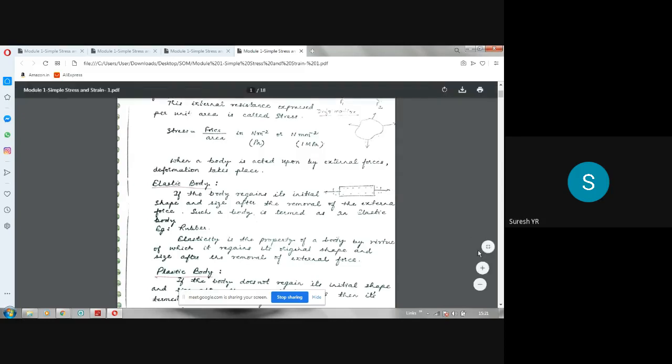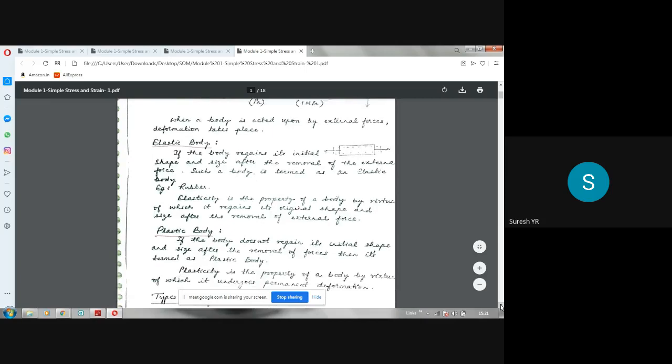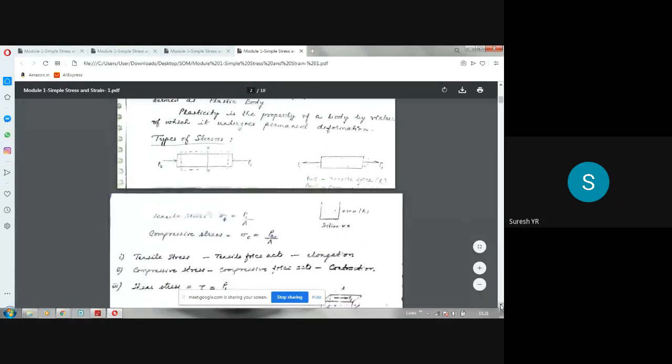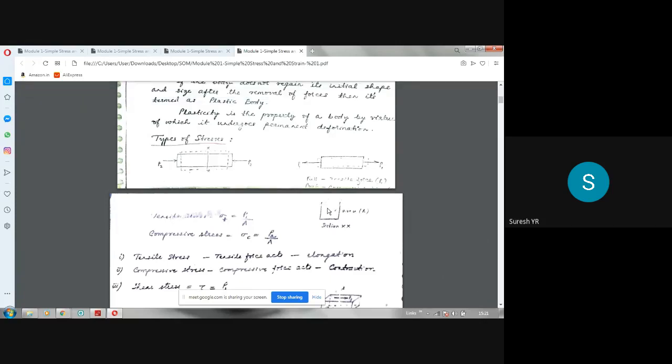Plasticity means it won't come back to its initial shape and size even after removing the force. Okay. So as I already told, we can have two types of normal stresses. Normal stress means the stress acts perpendicular to the plane of the area.